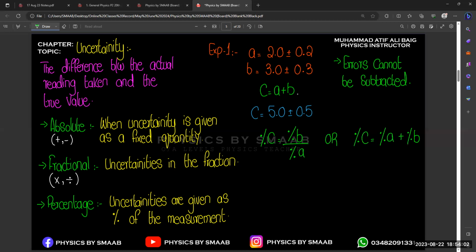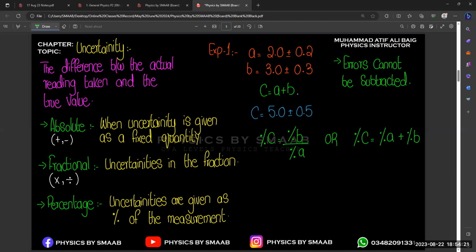So if they ask about subtraction, it cannot be subtracted. Either we find the percentage in fraction form, or otherwise we find the individual percentage of their errors and then combine the percentage of their error to find the final one, right?